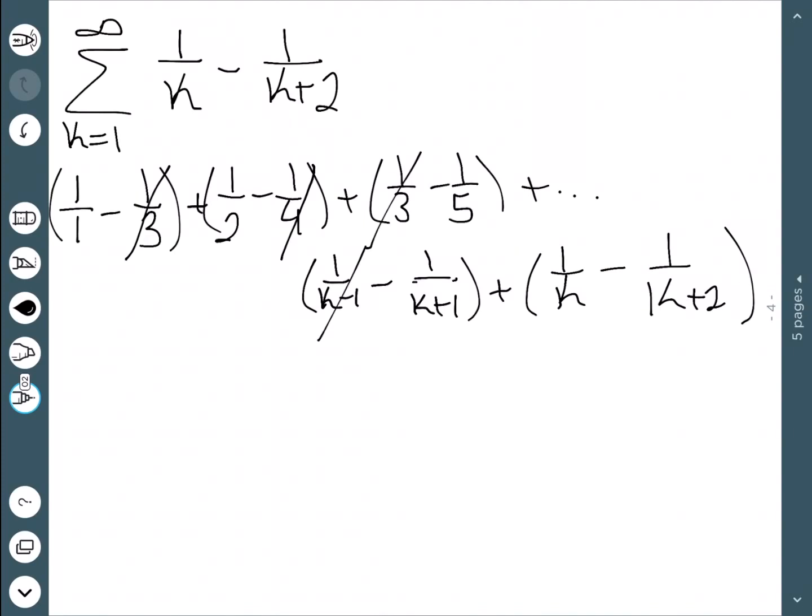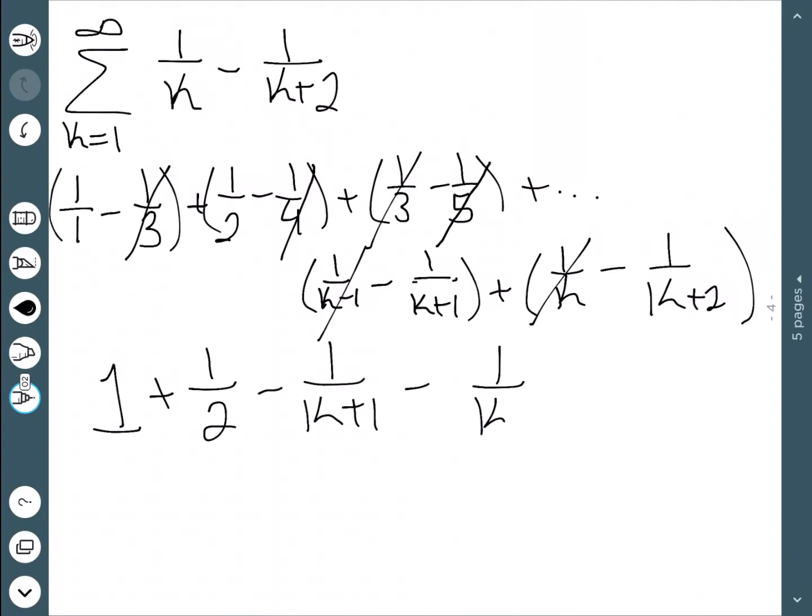And this 1/5 is going to cancel with this term. We're actually left with more. A 1, a 1/2, a minus 1 over k plus 1, and a minus 1 over k plus 2. If I take the limit as we go to infinity, I get 3/2. So it is possible that not as much stuff cancels, in which case we have to be a little more careful.